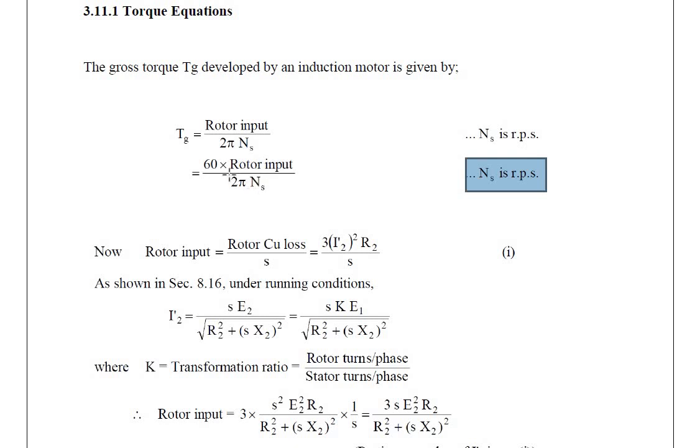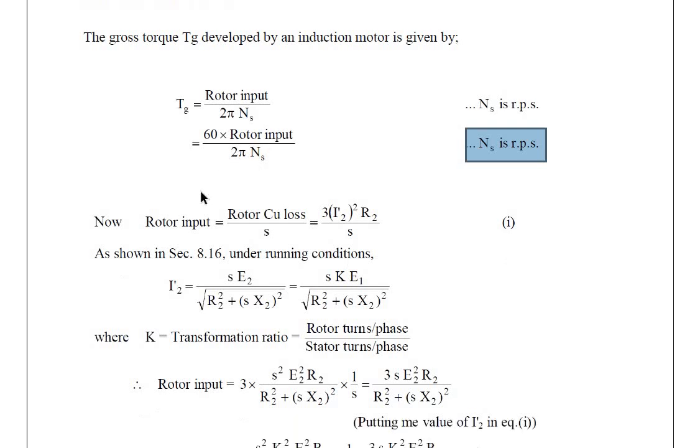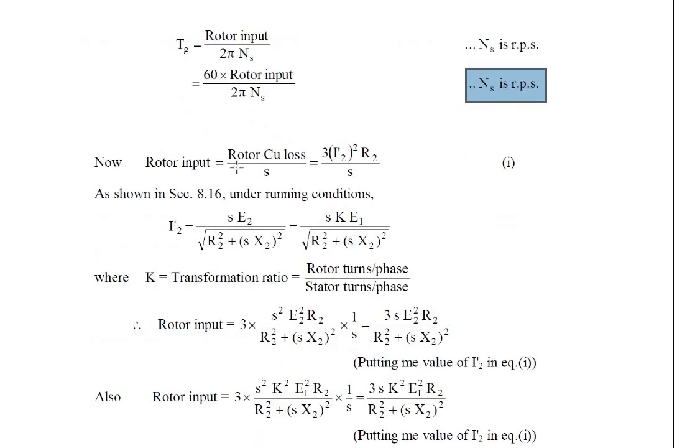That's why we divide Ns by 60 seconds. So the above equation is for RPM and the lower one is for rps.